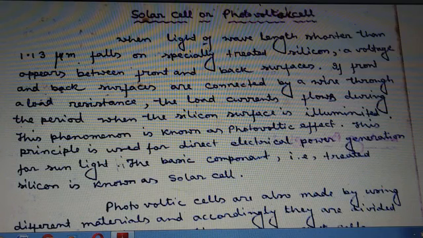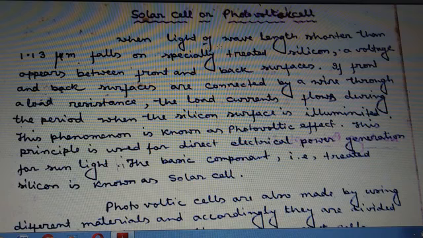When light of wavelength shorter than 1.13 micrometer falls on specifically treated silicon, a voltage appears between the front and back surfaces.